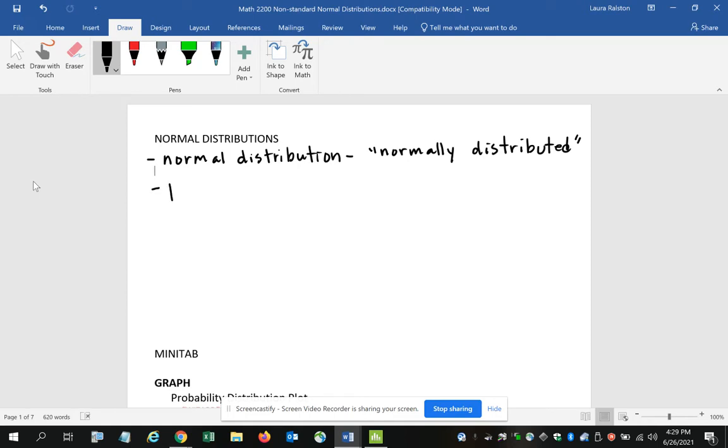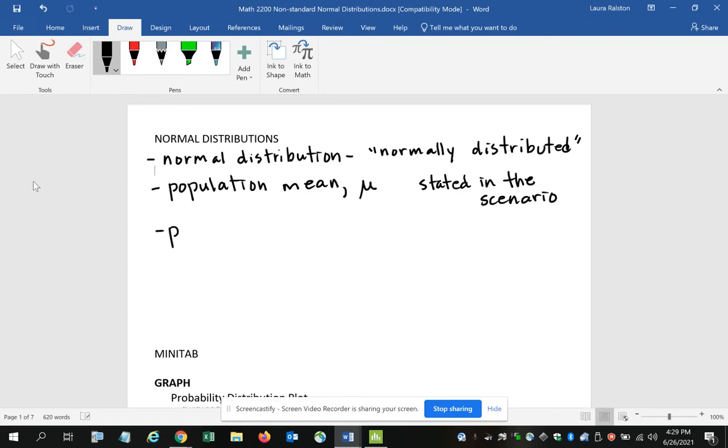Secondly, in order to work a problem that involves the normal distribution, you have to know the population mean, which is represented by the Greek letter mu, and that is typically stated in the scenario. So it's given.